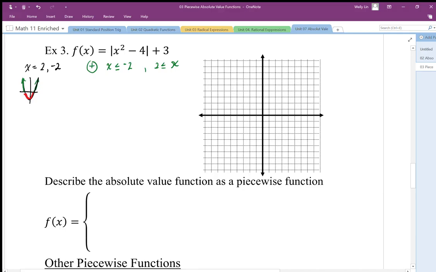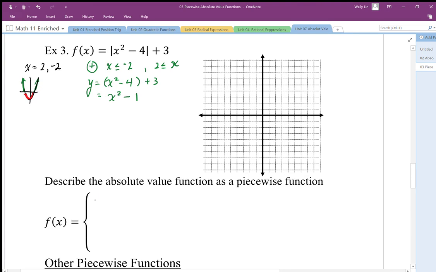So if I can test it, negative 18 squared, yeah, that's going to be positive. So for the positive version, it's going to be y equals, nothing changes on the inside, +3, that simplifies to x squared minus 1. So that's going to be my positive version.